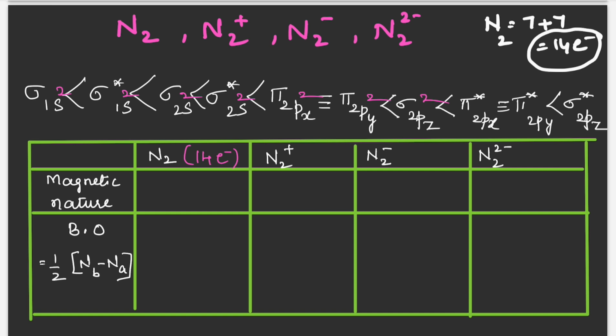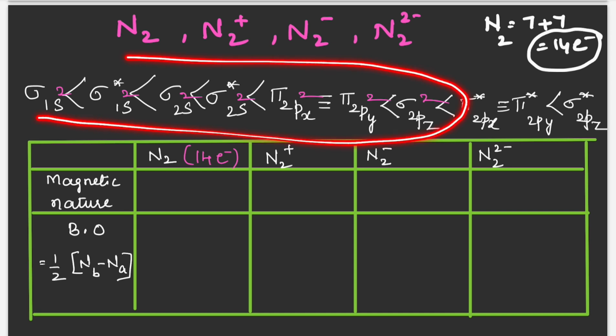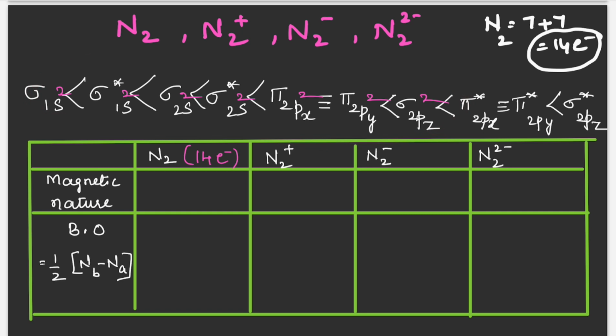Now we are going to see whether it is diamagnetic or paramagnetic in nature. If all the electrons are paired, it is diamagnetic in nature. So here you can write it is diamagnetic. Why? Because all the electrons are paired.